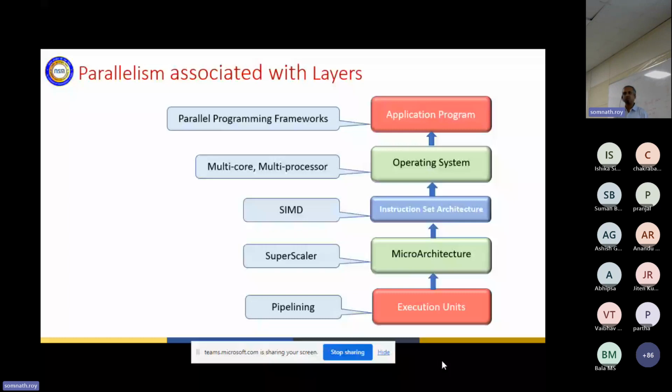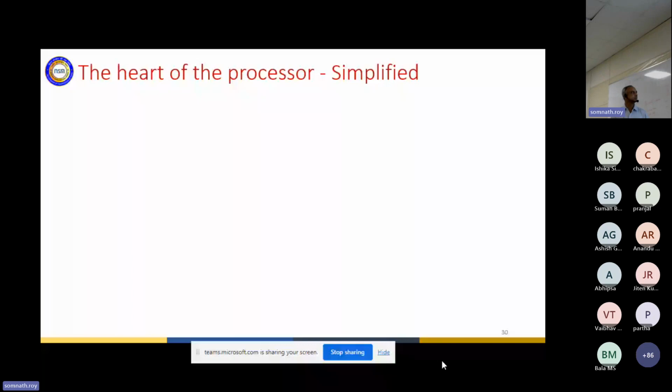So let's look at how pipelining works. Before that, typically you have an arithmetic logic unit, which is the heart of the CPU, where arithmetic and logic instructions are executed. You have a set of instructions, and you can see this sequence: first, second, third, fourth, fifth.